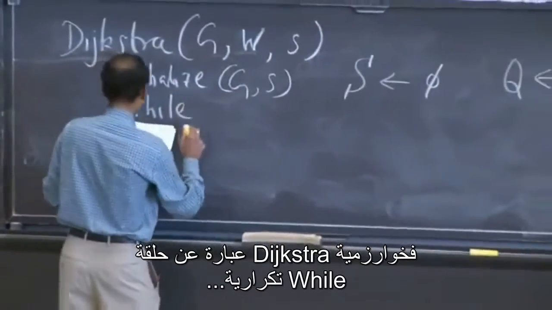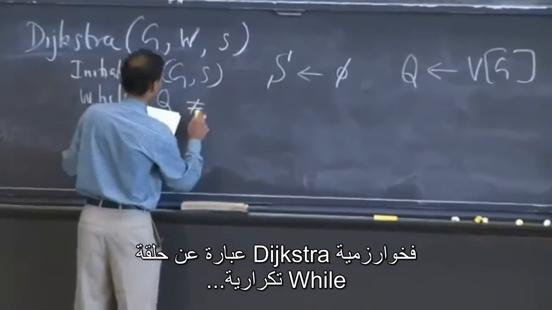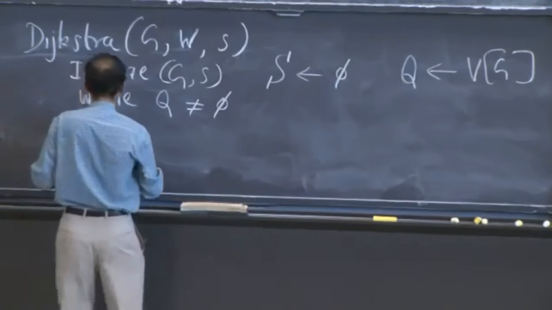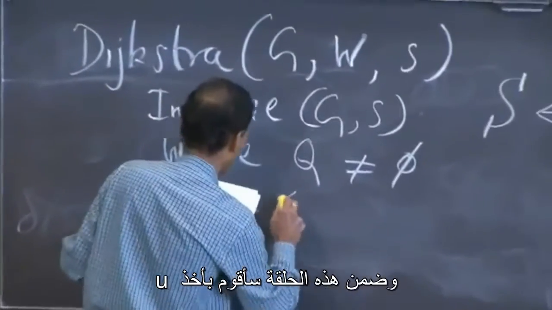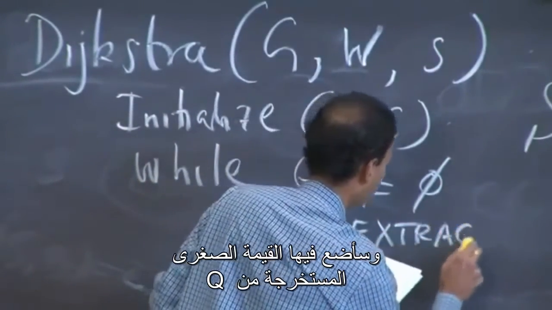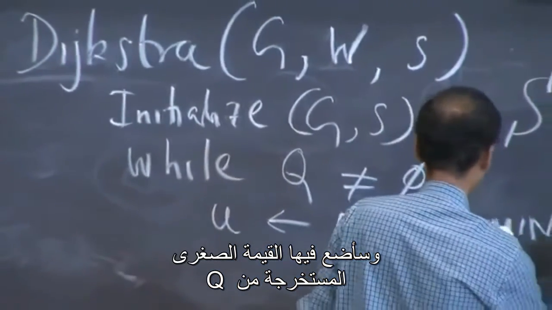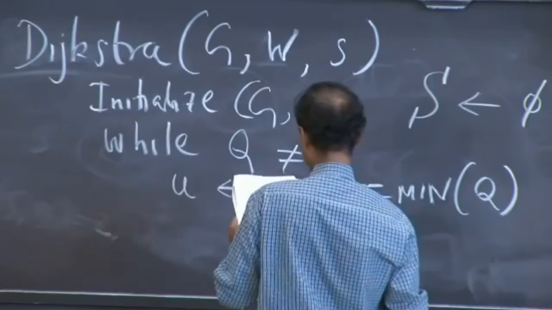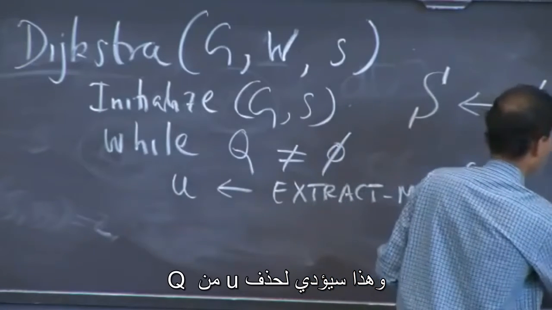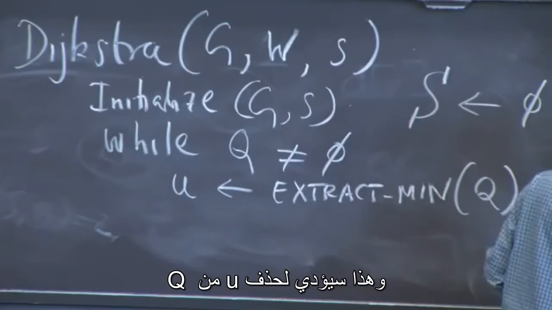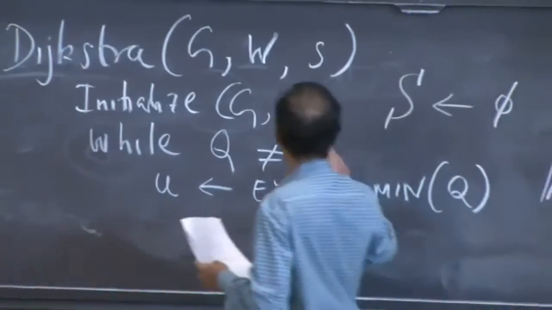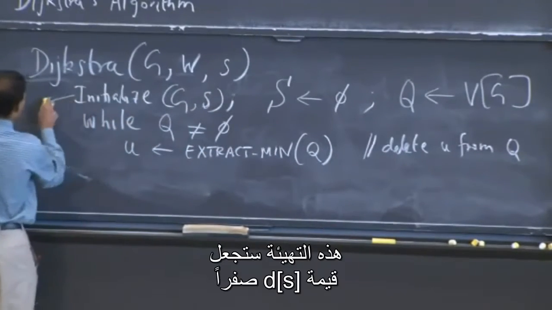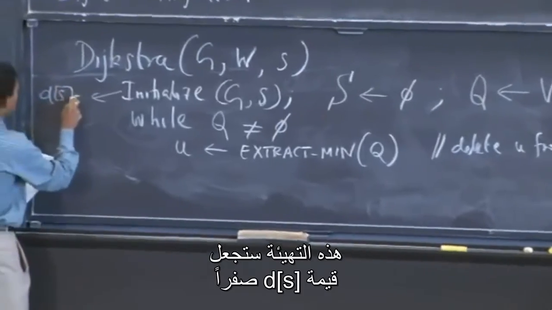And so Dijkstra is a little while loop that says while there are vertices that need to be processed, then I'm going to take u and extract min from Q. And this is going to delete u from Q. And this initialization, with a small s here, is going to set d of s to be 0.